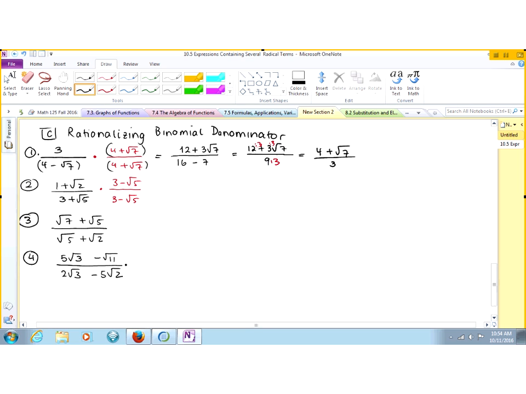You've got to do the first. Okay. First is 3 times 3. Last is square root of 5 times negative square root of 5.